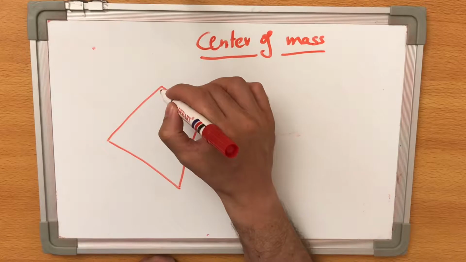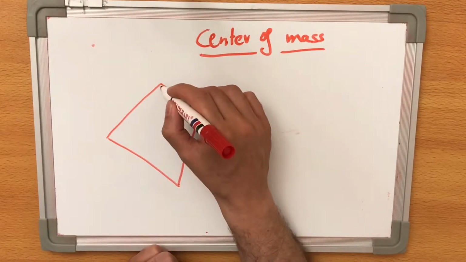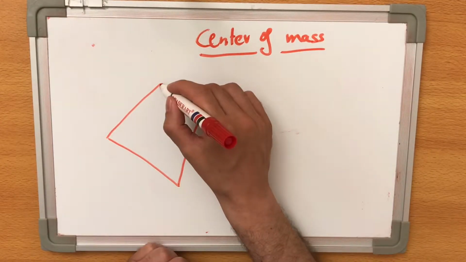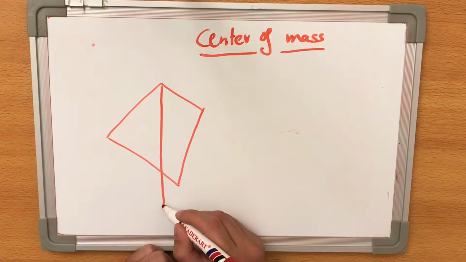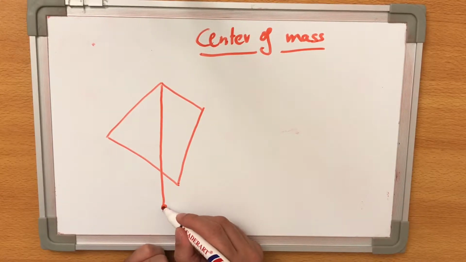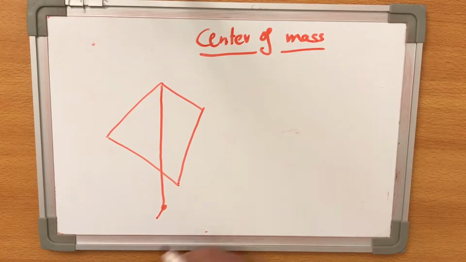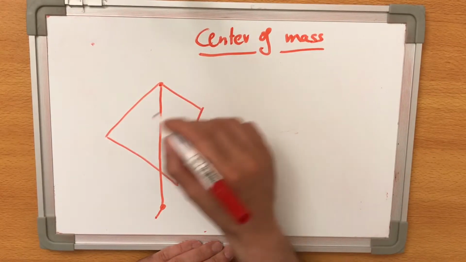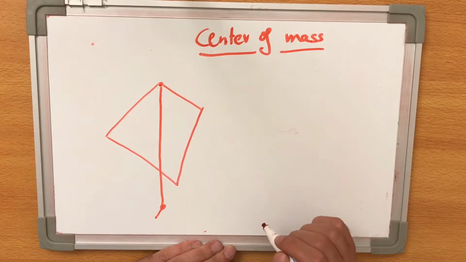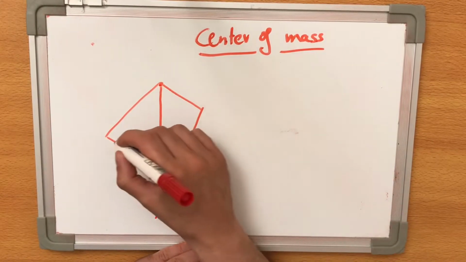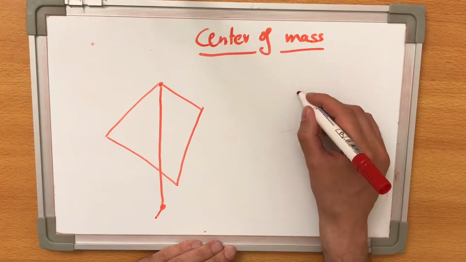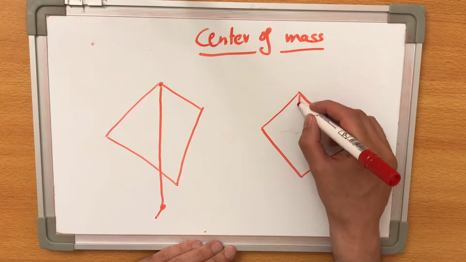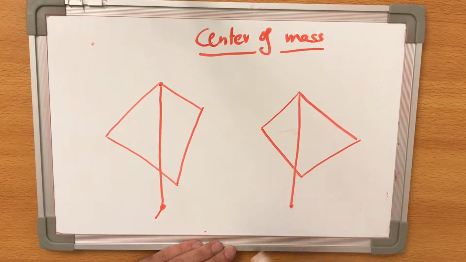You bring a string, and the string you put it here, and at the end of the string you put a piece of iron, and then you take another point of this object, for example this one, and then you put another string, and then you leave it like that.